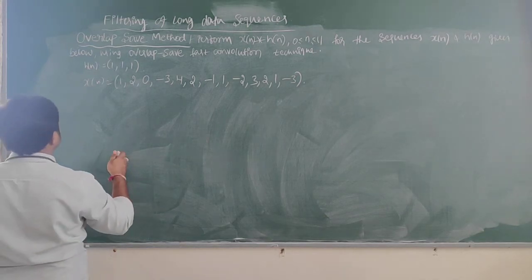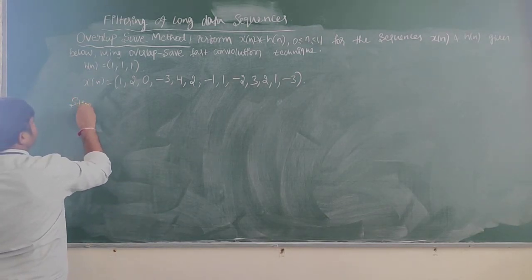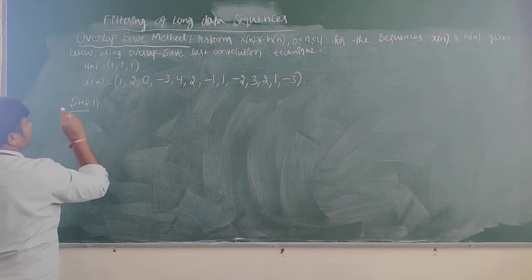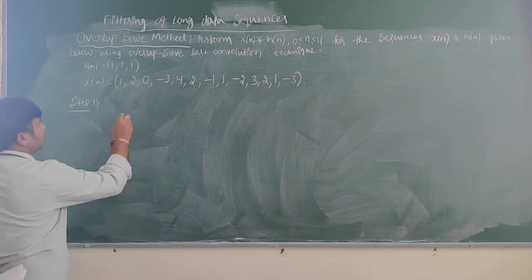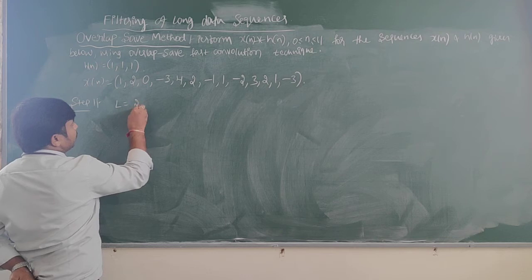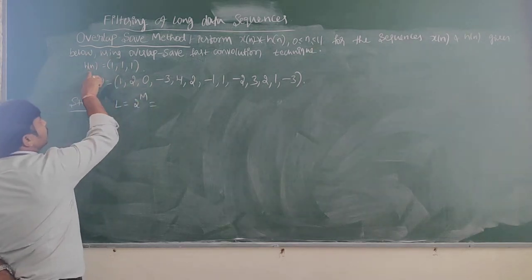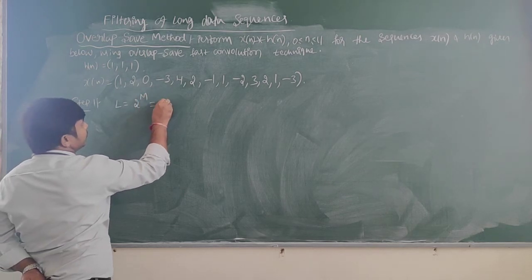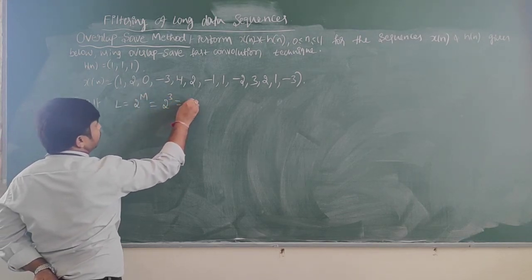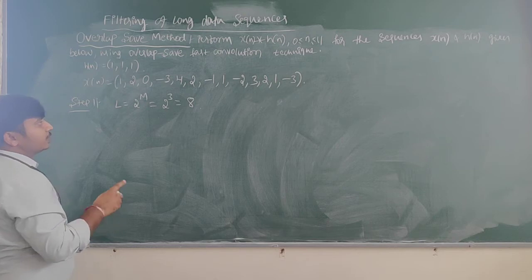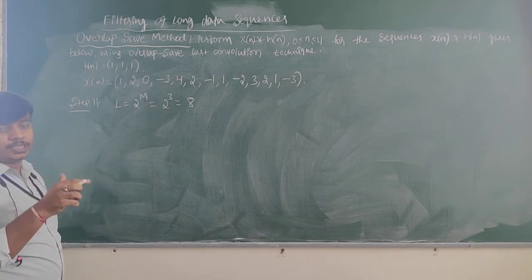What is the first step? We need to find the length. L is equal to 2 power m. What is m? m is equal to the length of h of n, that is 3. Therefore 2 power 3 is equal to 8. So 8 is the length of each block.